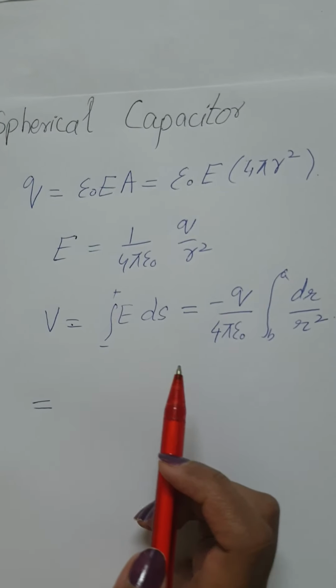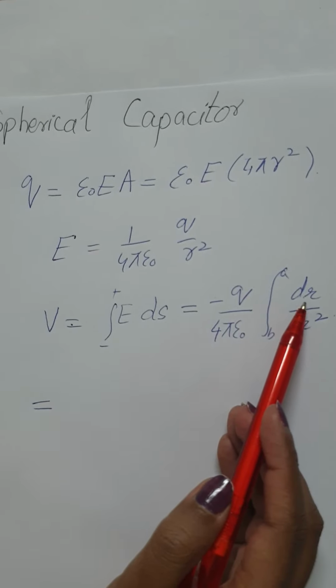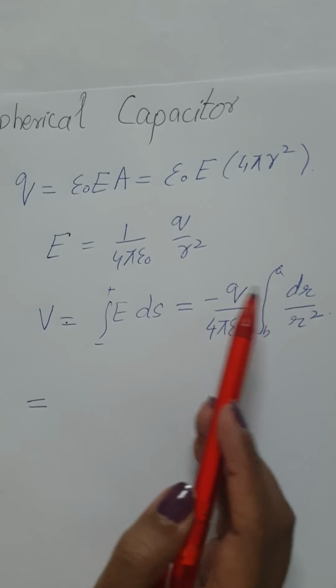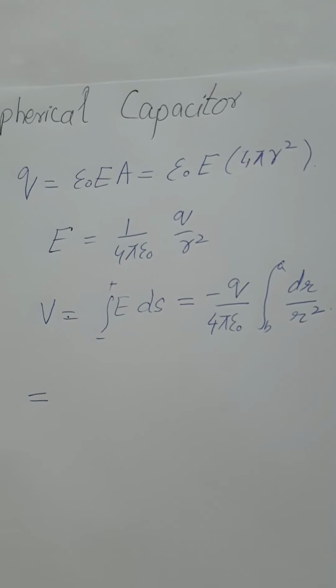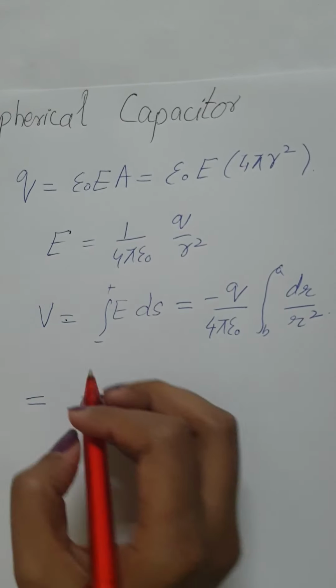We substituted the displacement as minus dr. It means the direction is inward, the radial direction is inward.